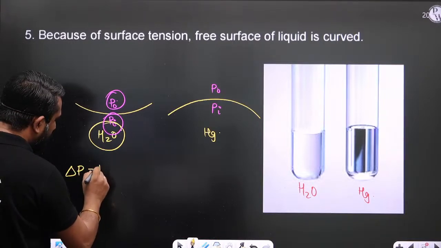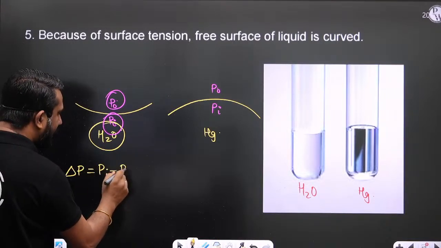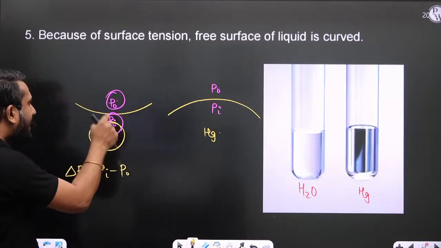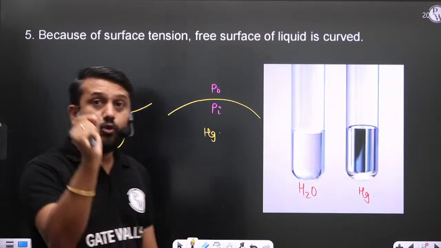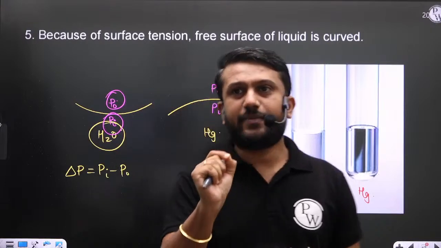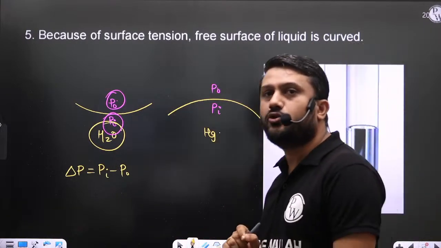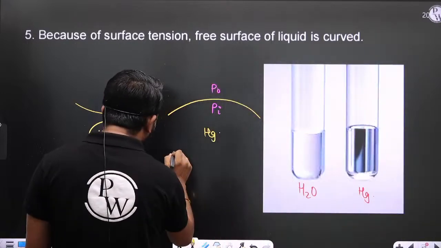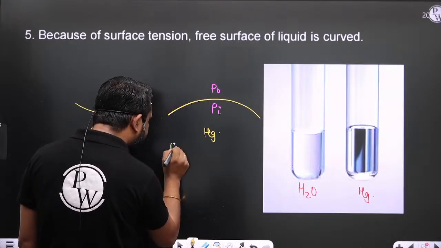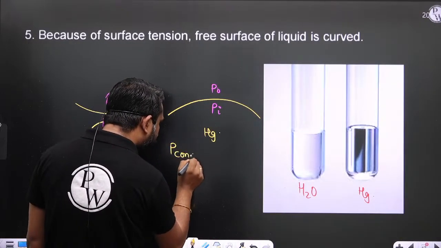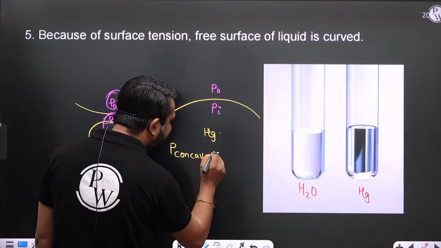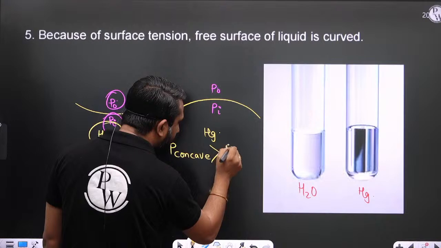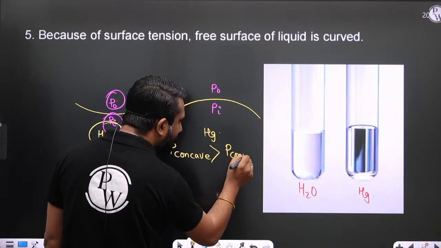is equal to Pi minus P naught. And one very, very important thing: concave side pressure is more as compared to the convex side. So we can write in this way also, that concave side pressure is more as compared to convex side.